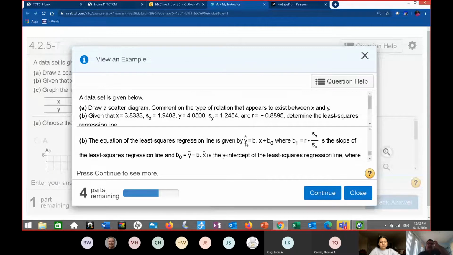You've got y hat is equal to b sub 1 x plus b sub 0, where b sub 1 is equal to r times s of y over s of x. That's the least squares regression line, and b sub 0 is equal to y bar minus b sub 1 x bar.